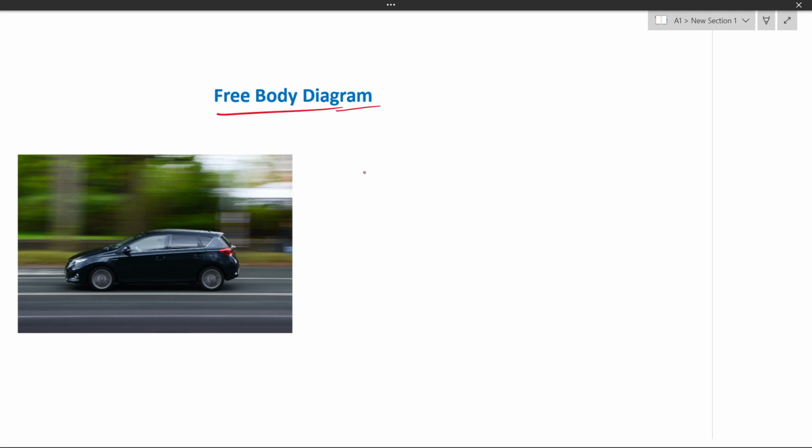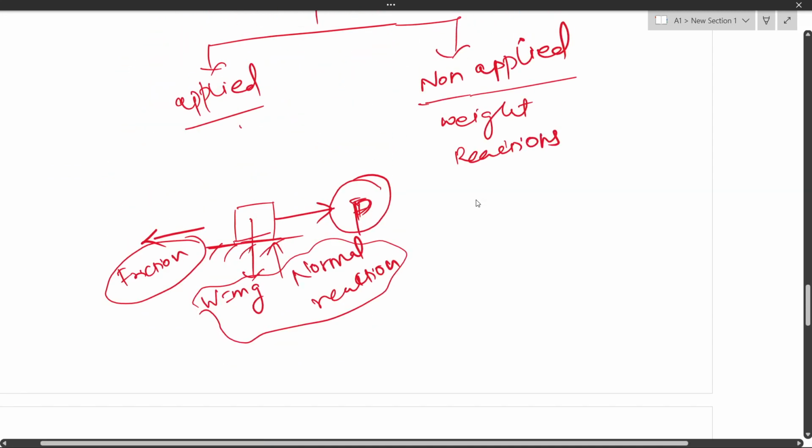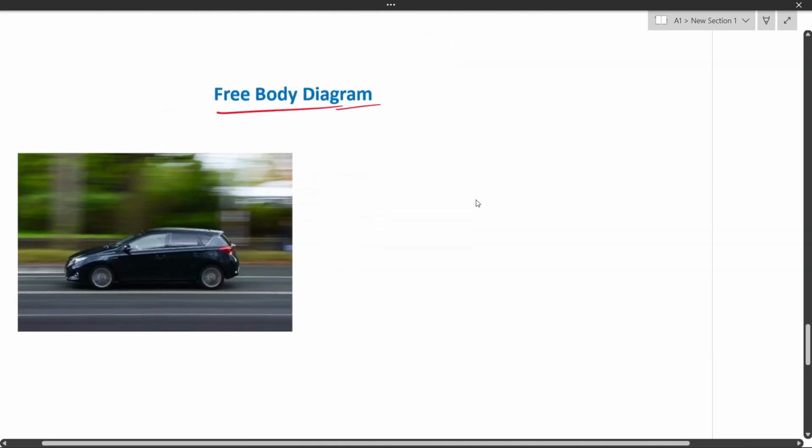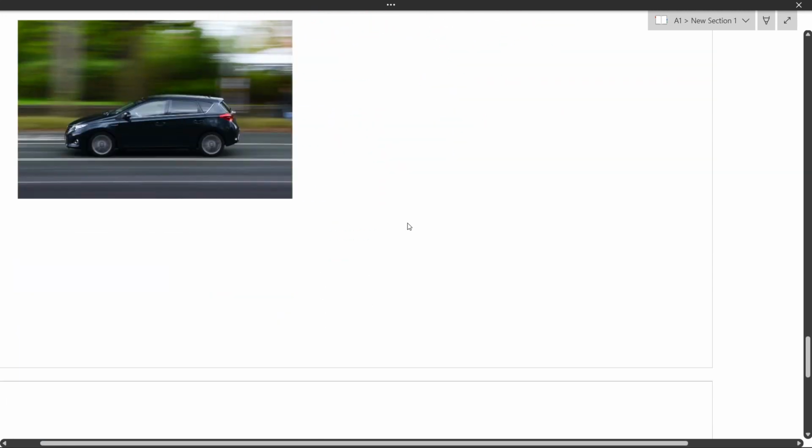So before going into the free body diagram, we should know what types of forces might act on the body. As we already saw, these are the forces that might act on one object. See, if a car is moving in this direction, there might be some force in this direction, and an opposite force will act in this direction. That is the friction force.